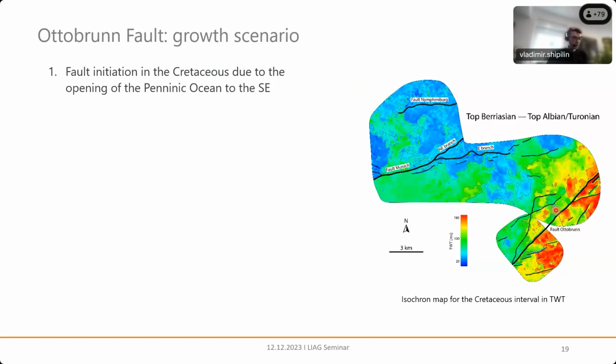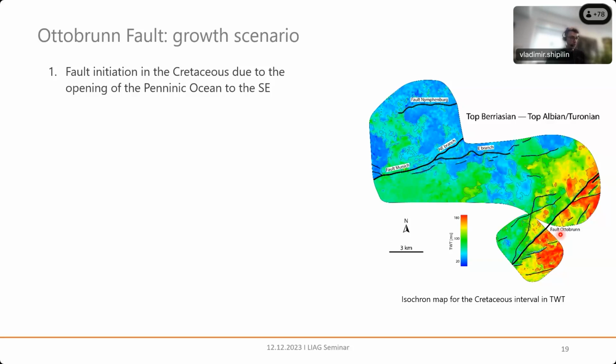As I mentioned, we've got here a sedimentary depocenter observed on the thickness map of the Cretaceous interval, which is indicative of the fact that fault Ottobrunn was active during the pre-orogenic stage of the foreland basin evolution, during the passive margin phase in the Cretaceous, and the extension was most probably taking place due to the opening of the Penninic Ocean to the southeast.